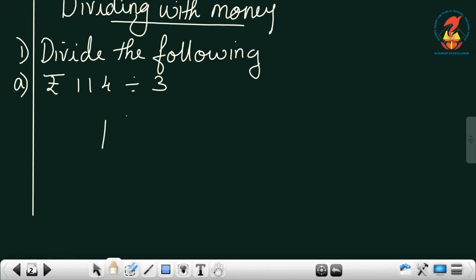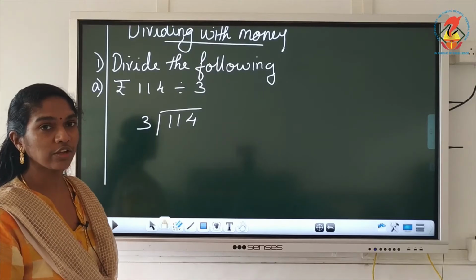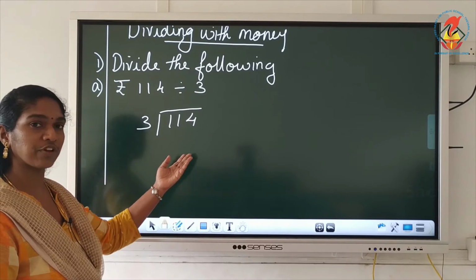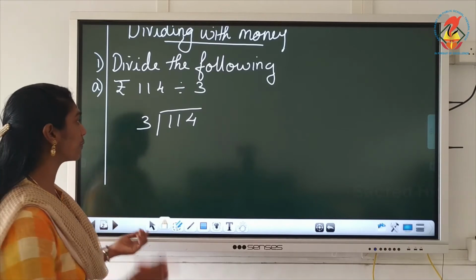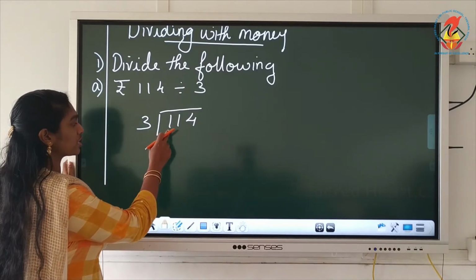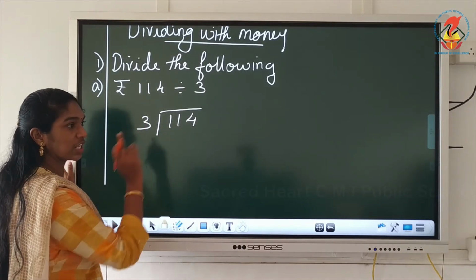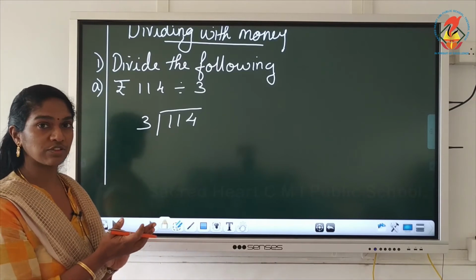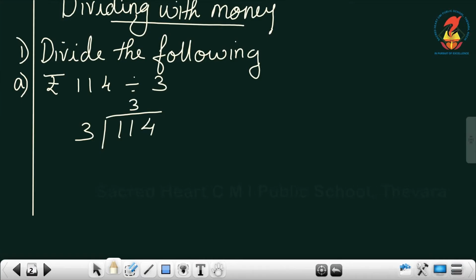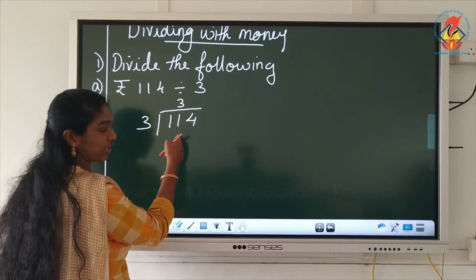First question. It is rupees 114 divided by 3. So first you will divide, and in the final answer you just put the rupee sign. Okay. So here starting with the first digit, 1 is smaller than 3, so we will take 11. How many times 3 will go in 11? 3 3s are 9. Write the 3 above the last digit that you have taken right now.